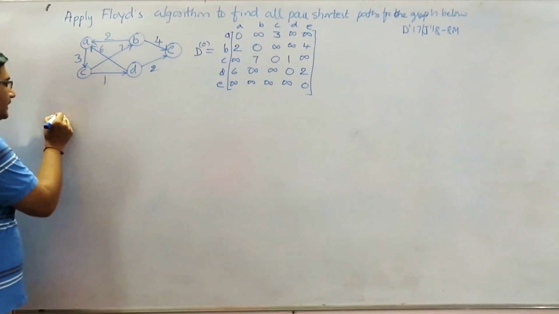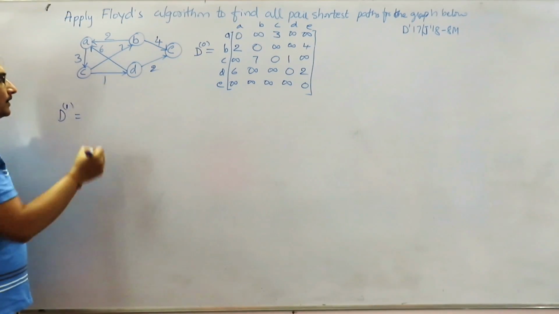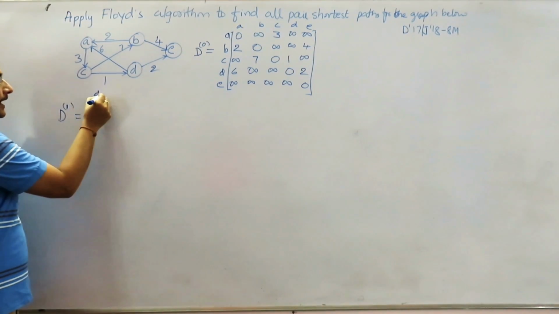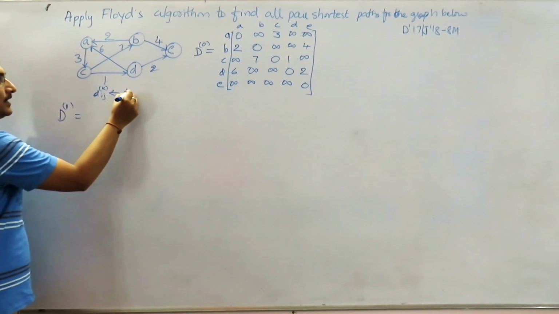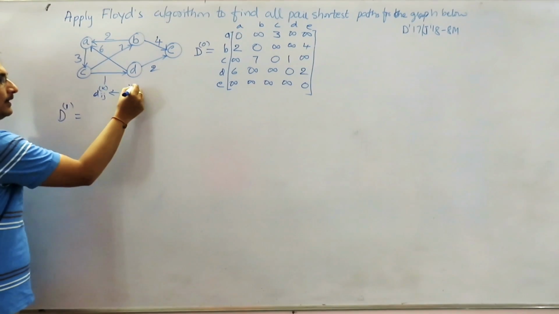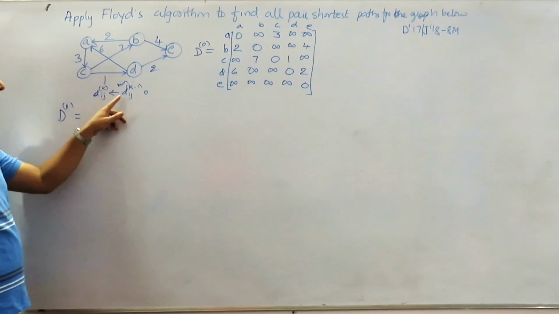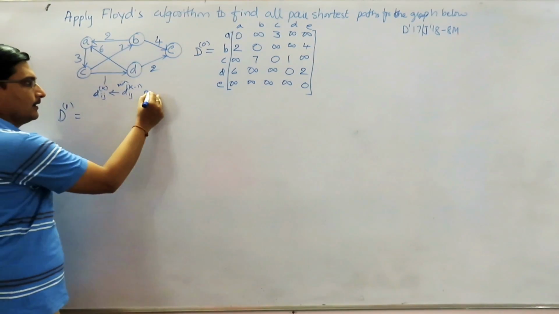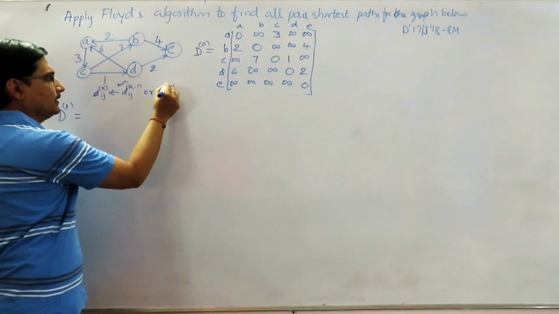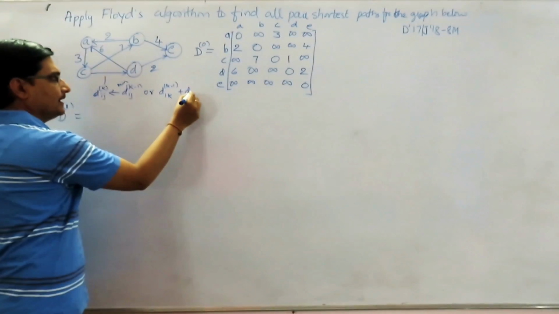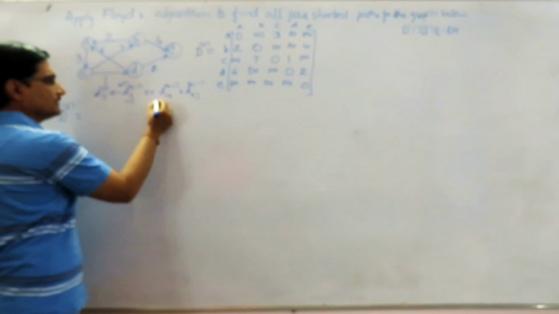So to find D1, we need to depend on D0, because Dij of k is equal to the minimum of Dij of k minus 1, or Dik of k minus 1 plus Dkj of k minus 1, whichever is the minimum, either this or this one.